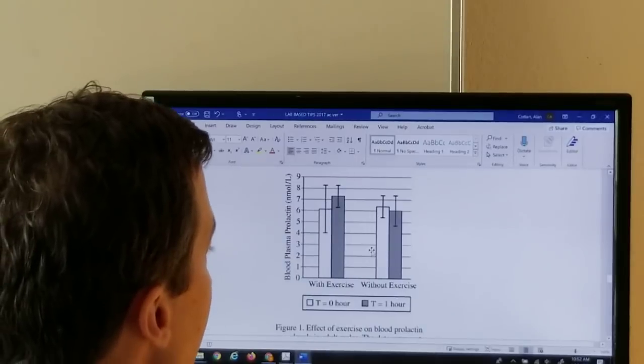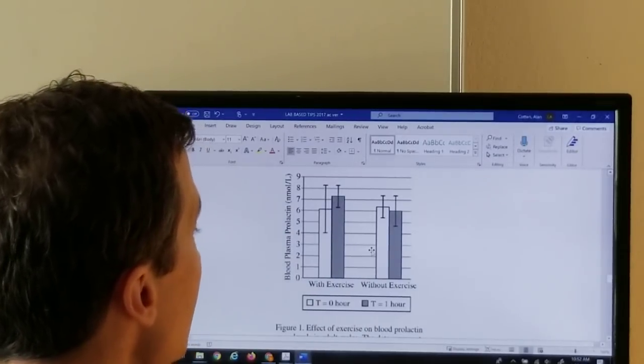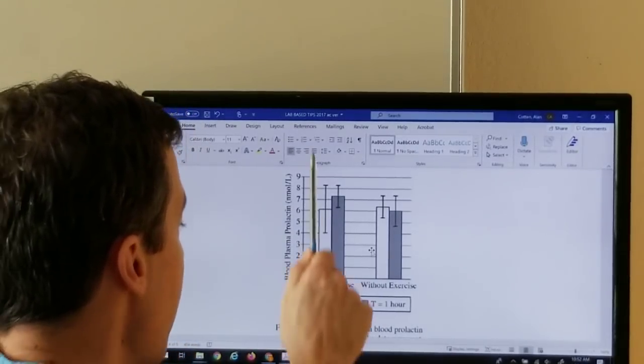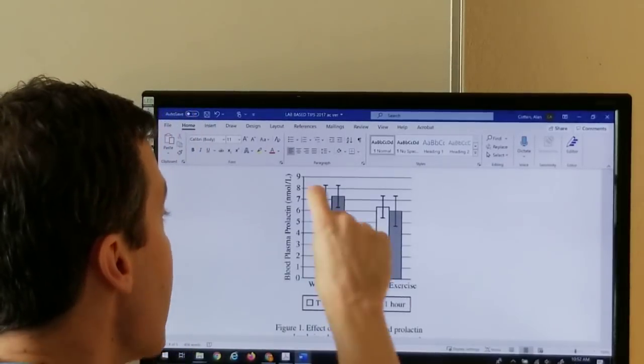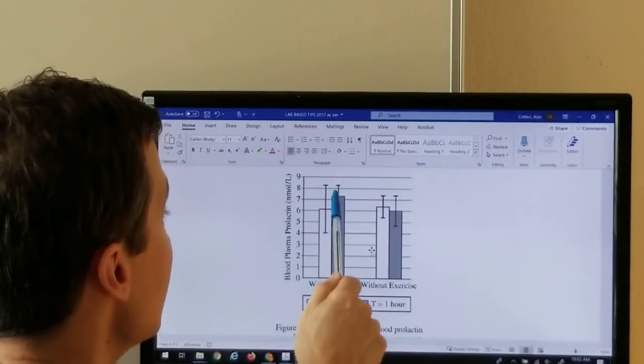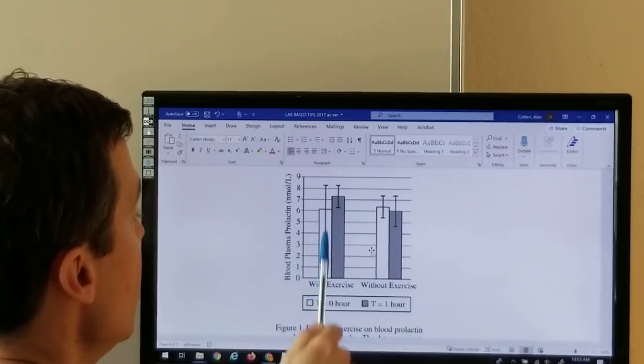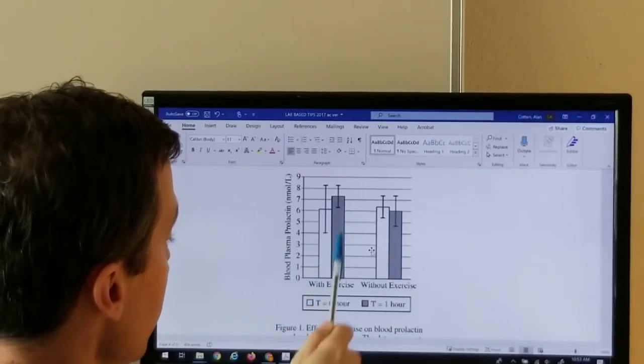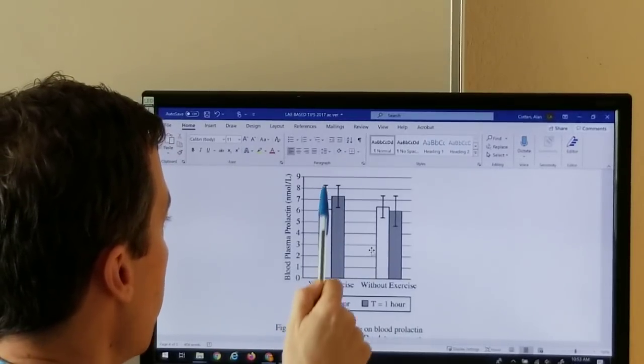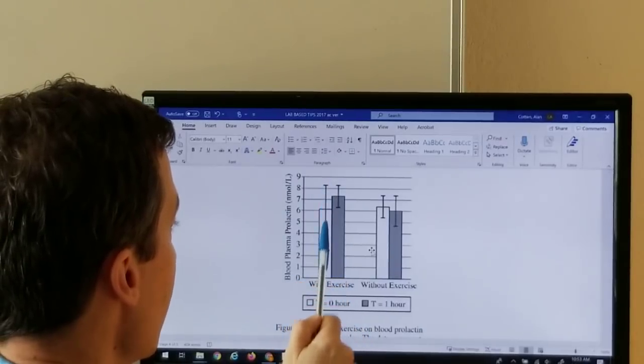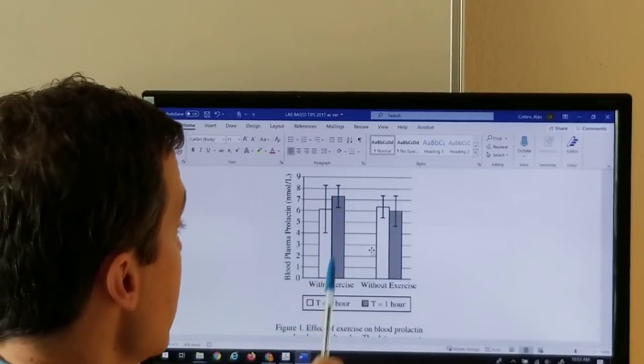So now we're getting into the thing that I was wanting to bring in next, standard error of the mean. These little error bars: if the error bars overlap, then that means the difference between these, so like right here, this bar graph, the white one versus the gray one, these error bars overlap. So this area in here overlaps with this area over here.